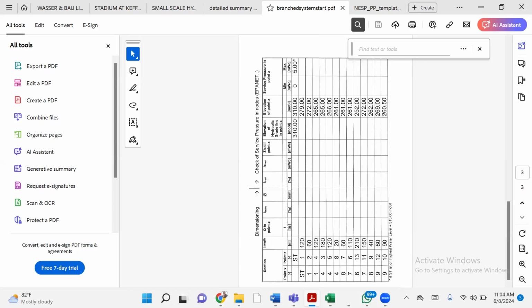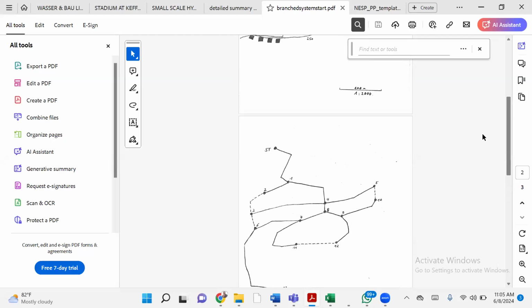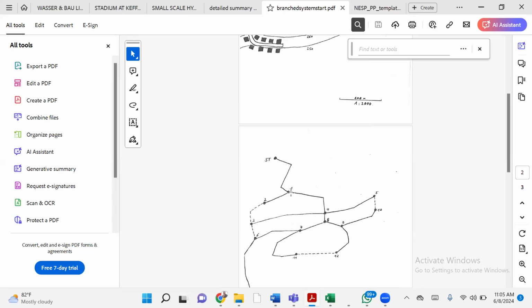Column 4 is the water demand requirement at each node. And the points we have are storage tank, point 1, point 2, point 4, point 3, point 5, point 8, point 7, point 6, and so on.